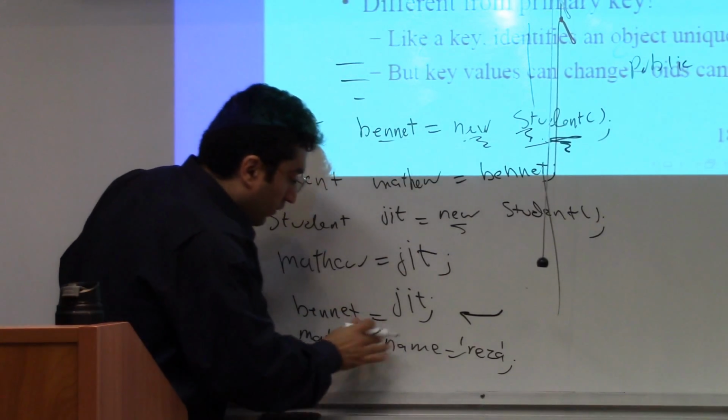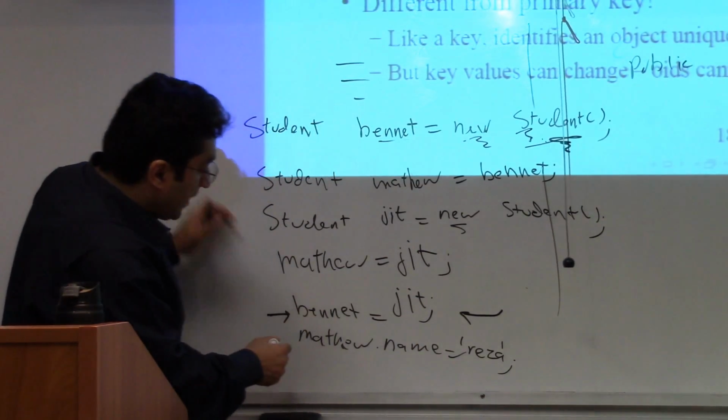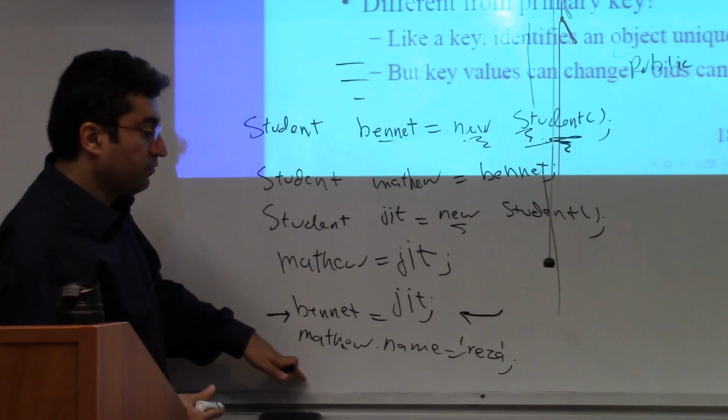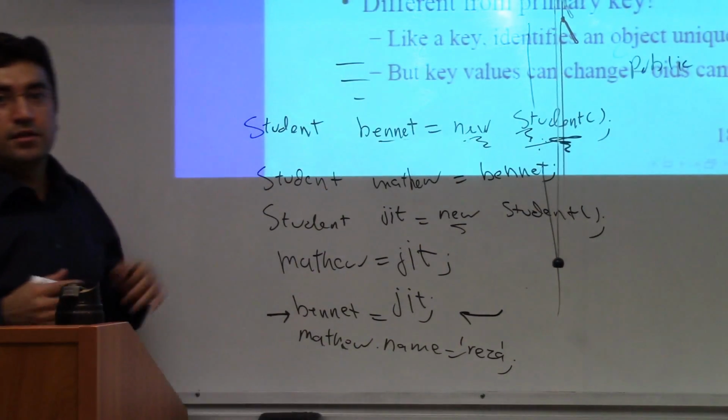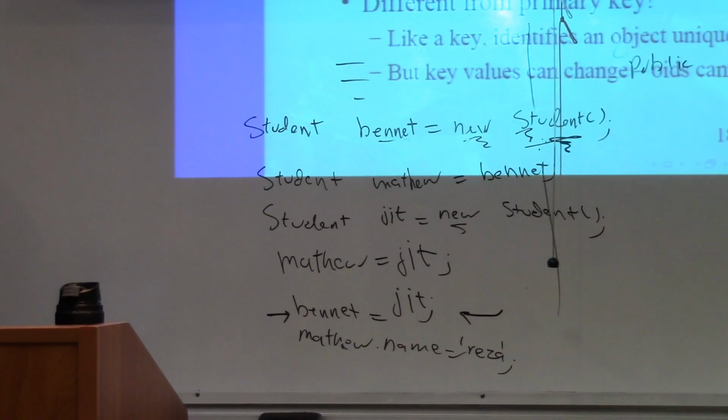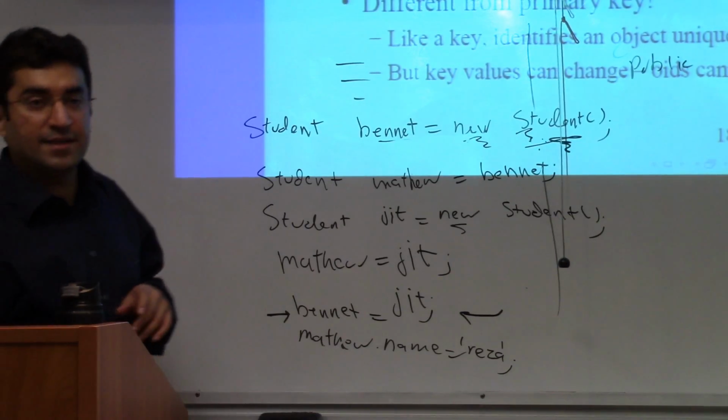But after this point, since the Java virtual machine realizes that nobody is pointing to this object ID, it can be removed by the Java virtual machine garbage collector, right? Garbage collector will erase it.